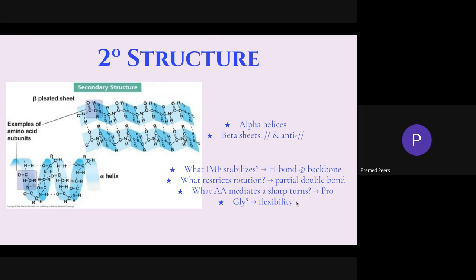What kind of amino acid mediates a sharp turn? Think about proline, because proline itself is very unique. It forms a 5-member ring structure.